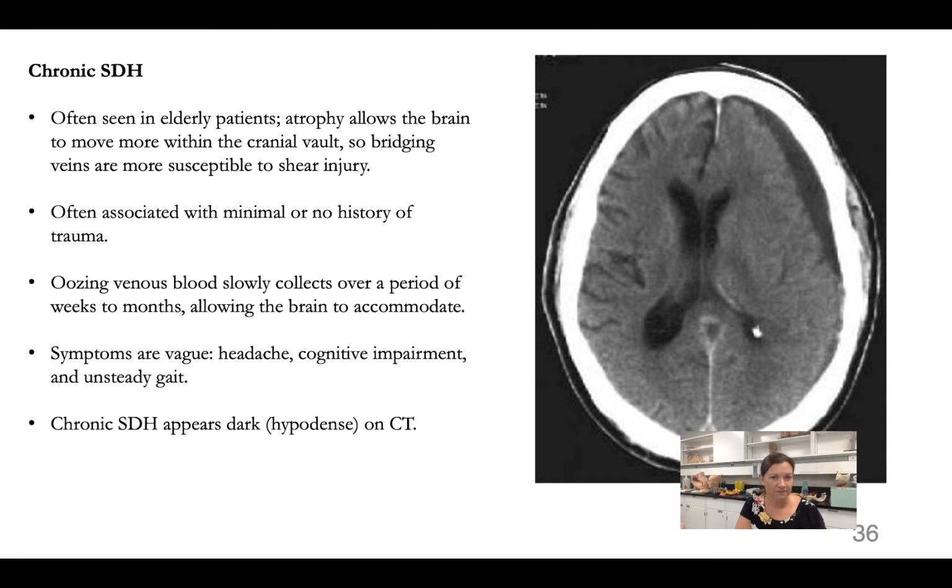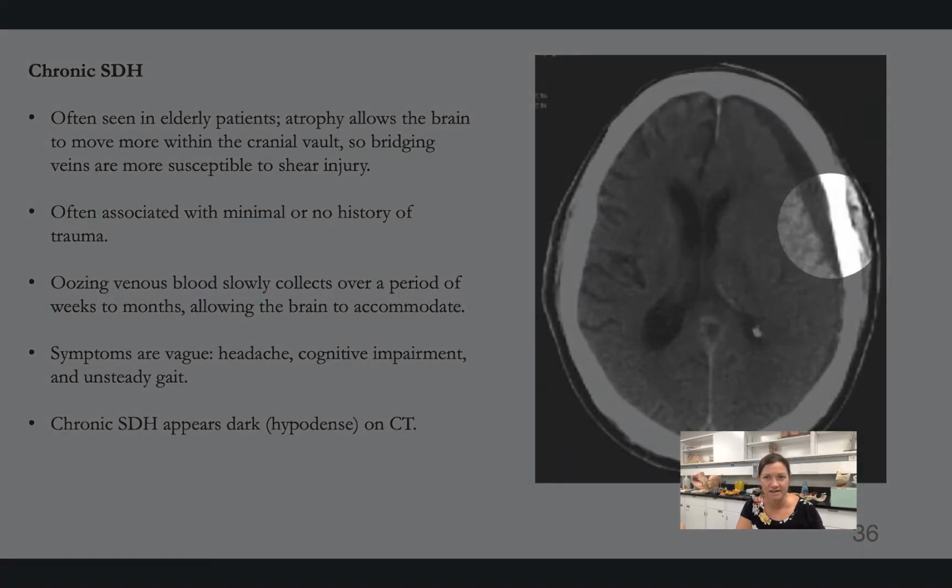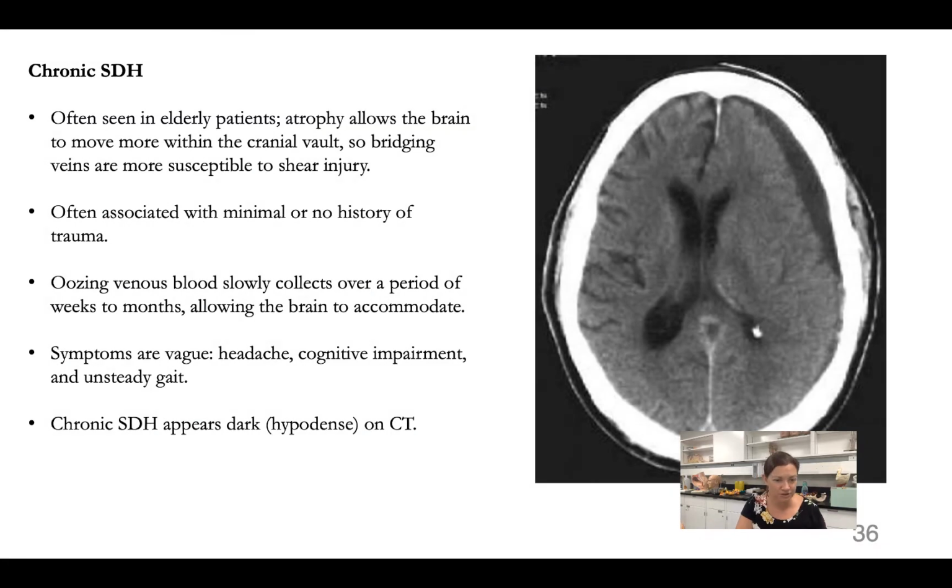And in a chronic situation, this slowly oozing venous blood collects over a period of weeks to months, and that allows the brain and its function to accommodate, right? So there's much more accommodation with this slow oozing of venous blood that spreads than there is in an epidural hematoma, which arises from an arterial source and punches out into the brain.